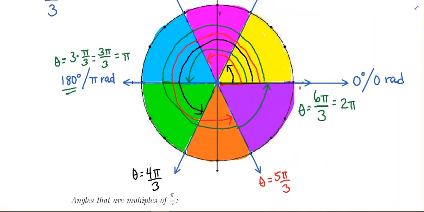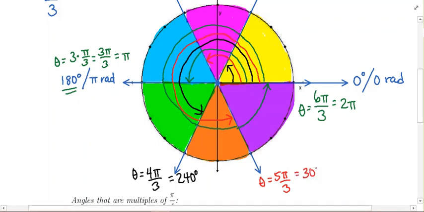Then if we went down here, again starting in standard position, we go 60, 120, 180, add another 60 degrees. That gives us 240 degrees. Then 60, 120, 180, 240, add 60 degrees. So when you get to 5 pi over 3, that's 300 degrees. And lastly, all the way around the circle, it'll be 60, 120, 180, 240, 300, add the final 60 degrees.